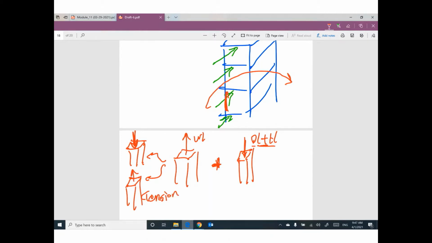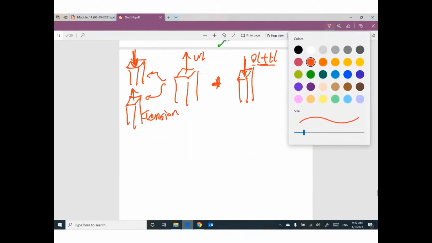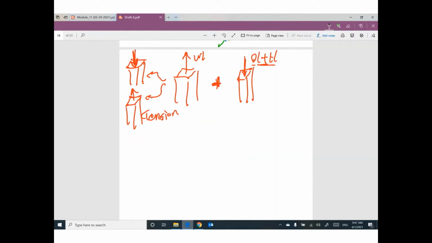So can you imagine if we have this composite column with steel column and steel reinforcement under tension, what will happen?